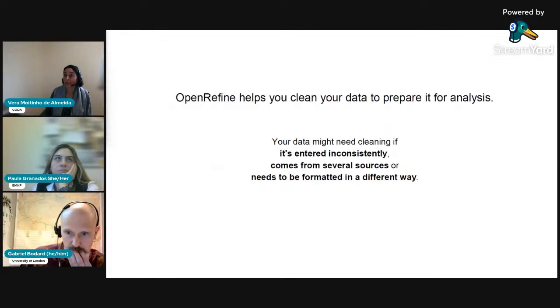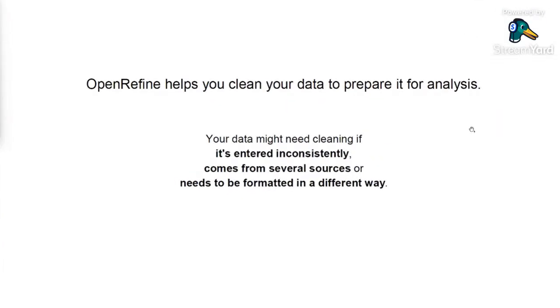Okay. So it is OpenRefine. We've been talking about it. OpenRefine helps you clean your data to prepare it for analysis, because sometimes your data might need cleaning if it's entered inconsistently, comes from several sources, oh, that happens all the time, or needs to be formatted in a different way.